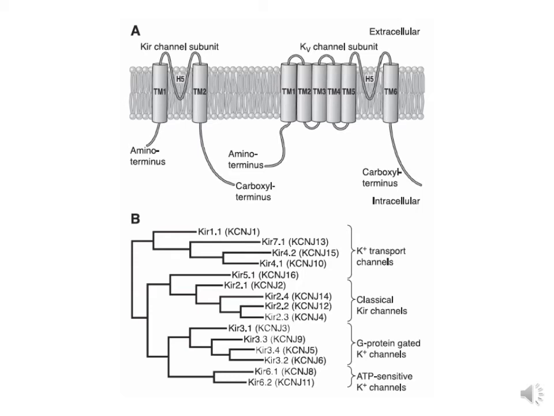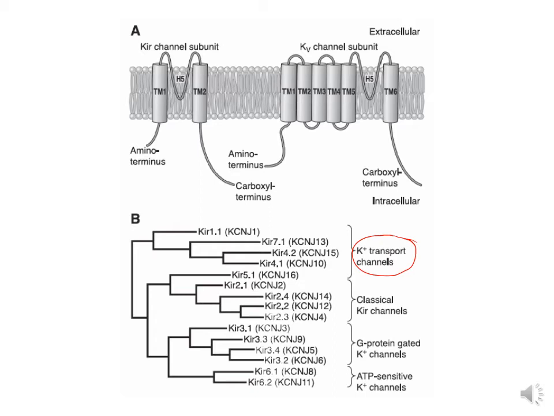This KIR channel subfamily contains several members that are listed as KIR1, 2, 3, 4, 5, 6, and 7. KIR1, 7, and 4 are mostly involved in potassium transport. Many of these channels are expressed in epithelial cells and also in glial cells, and in those types of cells potassium transport is an important function.